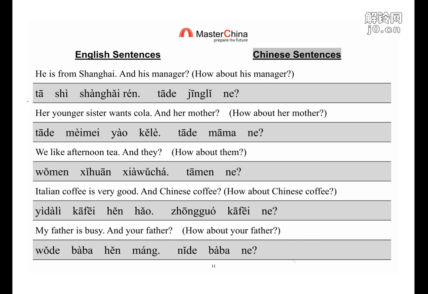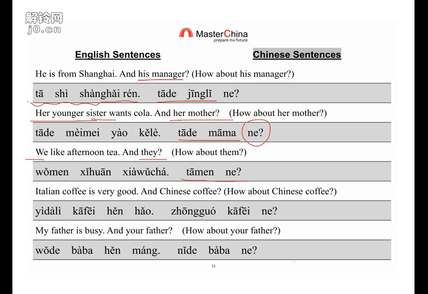Okay, so the first one, 他是上海人, then 他的经理呢. And part 1, dialogue target 1, target 2. 他的妈妈呢. Target 1, target 2. 他们呢.